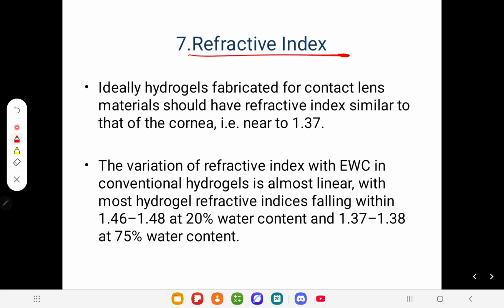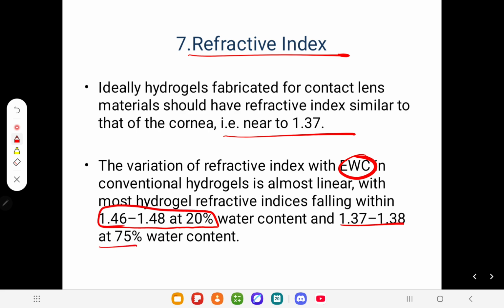Refractive index, as I have already told you: ideally, hydrogels fabricated for contact lens materials should have a refractive index similar to the cornea, but ideally, yes, not. The variation of refractive index with equivalent water content in conventional hydrogels is mostly linear, and hydrogel refractive indices are within 1.46 to 1.48 at 20% water content.